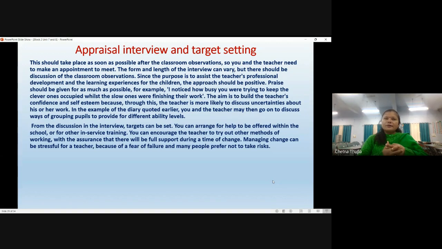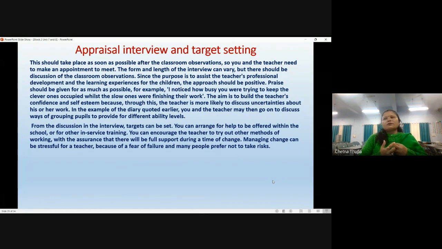You can offer him how you would be able to help him during school hours through an in-service training. You can also encourage the teacher to try out other working methods, and also give him an assurance that there will be full support during the time of change.